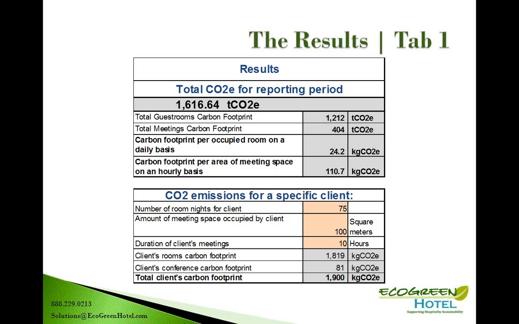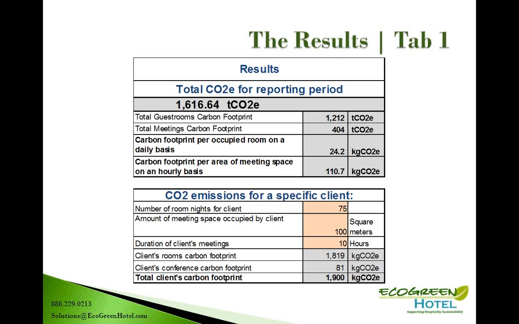This is how it shows the results. This was for Hotel H, which is our example hotel in the methodology, and it gives you a total carbon dioxide equivalent for the reporting period. In that one year, Hotel H's property carbon footprint was 1,616.64 tonnes of carbon dioxide, and that is then split between the guest rooms and the meeting rooms, as you can see.